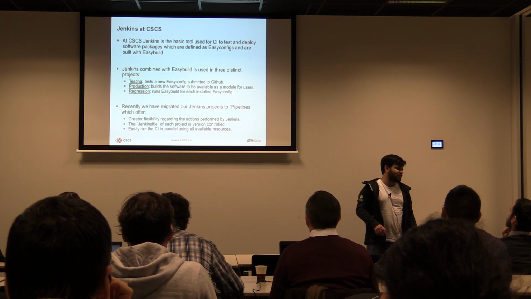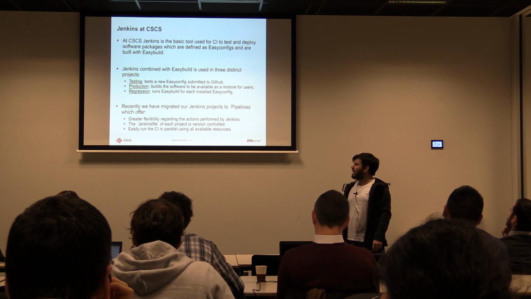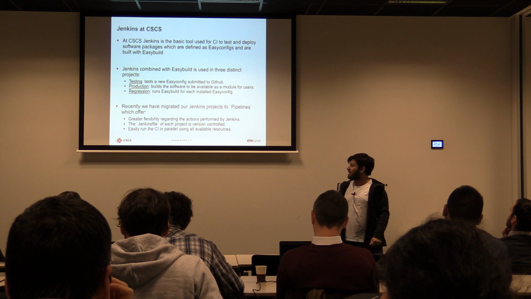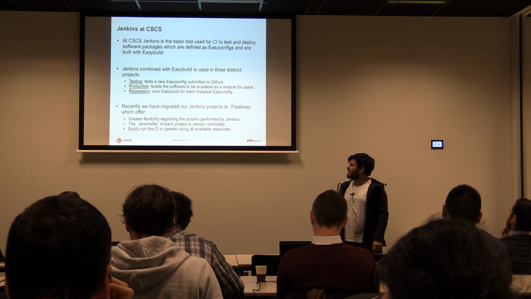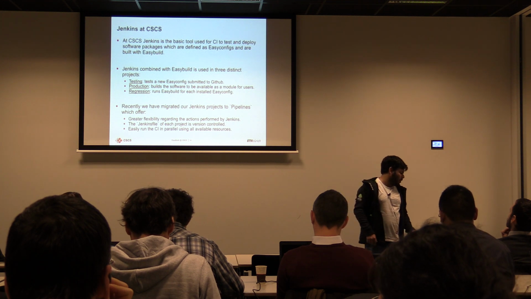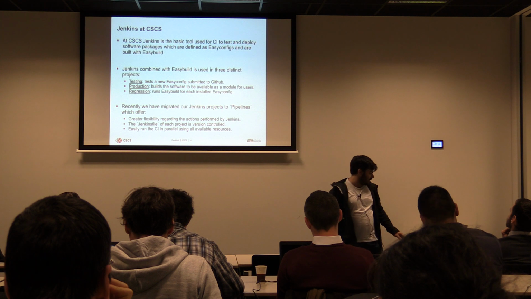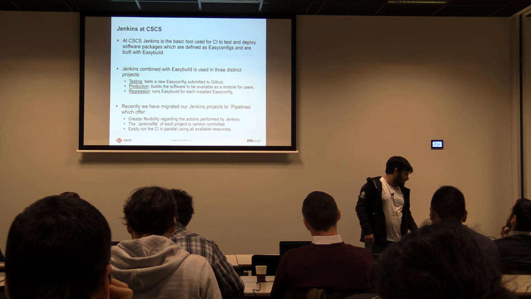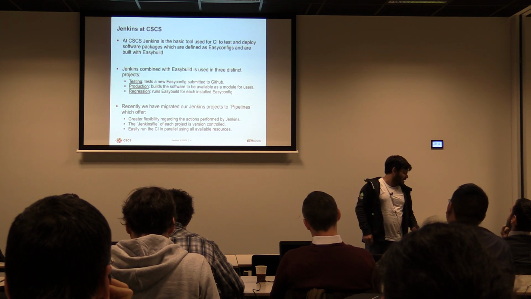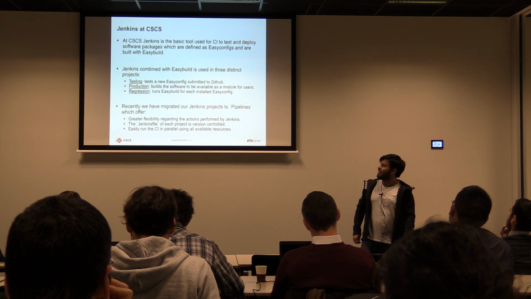Also, the Jenkins files, which are actually the recipes that describe what actions Jenkins is going to take, are version controlled, so each one can monitor and see if there is a problem with the Jenkins file. And the other advantage is that they can easily run the Jenkins jobs in parallel and use all the available resources.